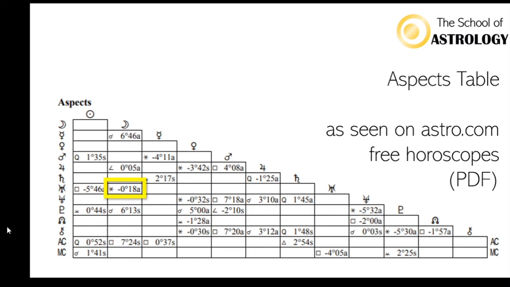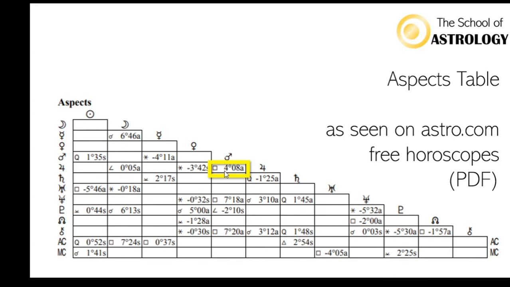Okay, now let's look at another type of applicative aspect, like, for instance, with our Mars here in a square, we find a square here, to Jupiter, right? So Jupiter and Mars have a square with a 4 degrees 08 minutes distance applicative.